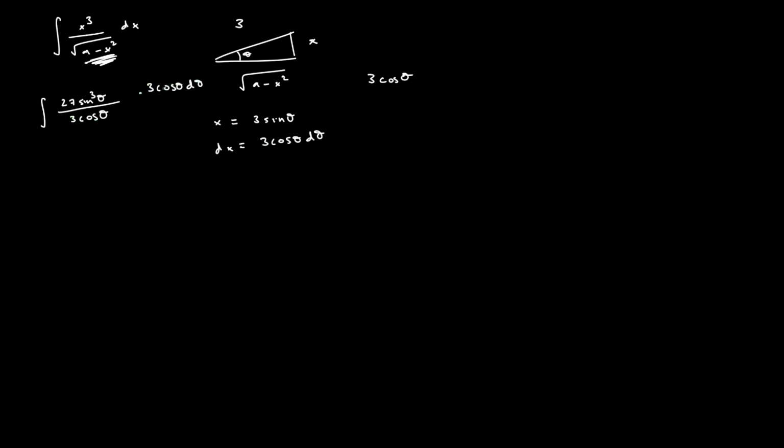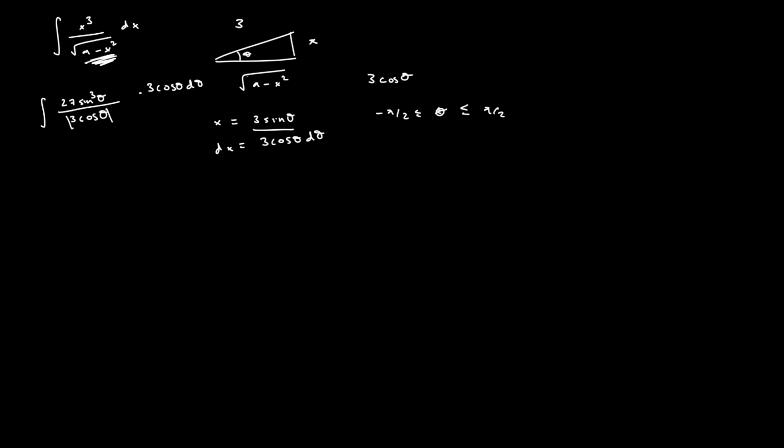And since, because of sine, our domain is between negative pi over 2 less than or equal to theta less than or equal to pi over 2. I think over here this should have been the absolute value of 3 cosine theta, because it could be negative depending on what our theta is, since this is a square root.